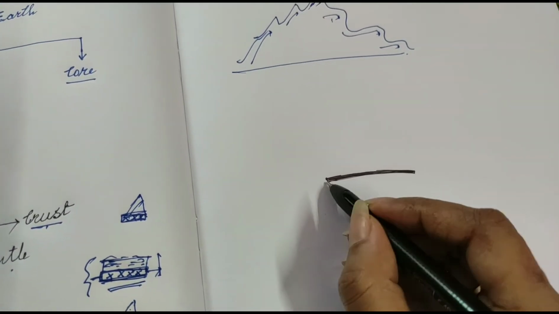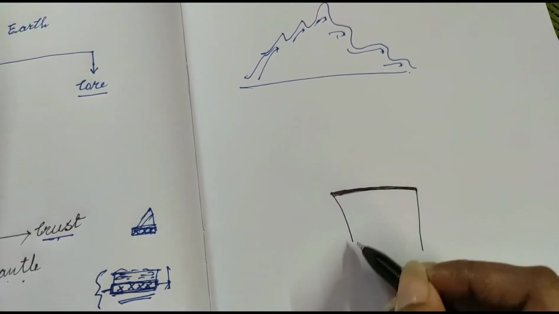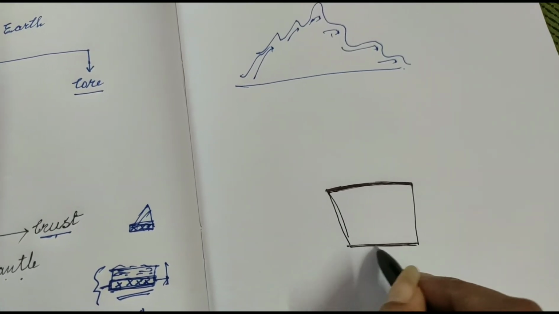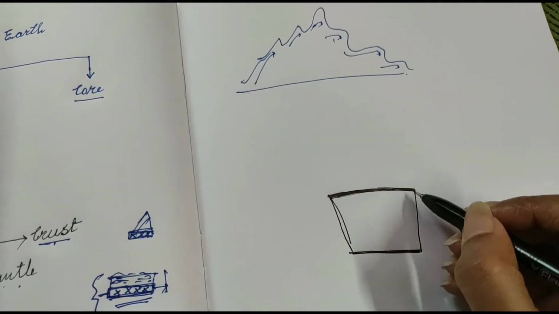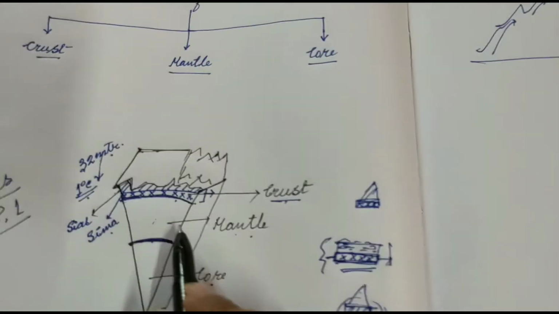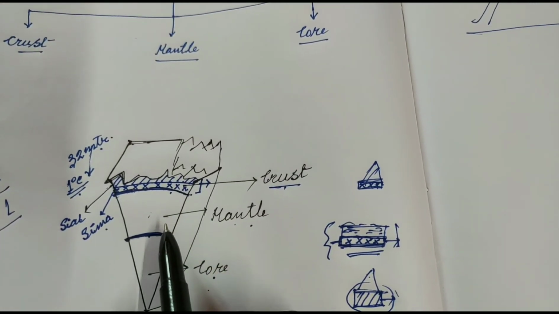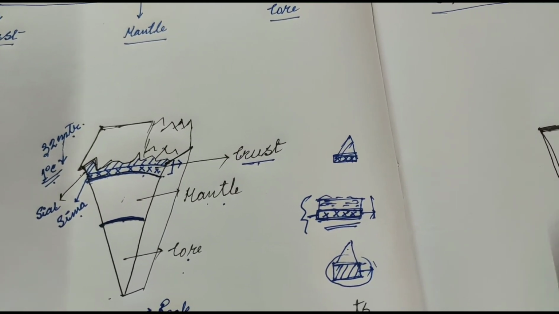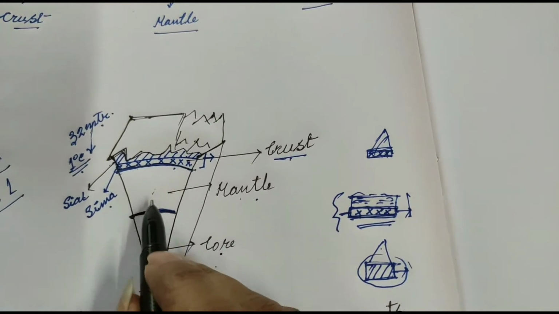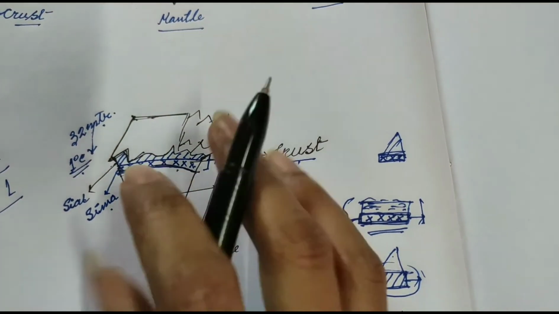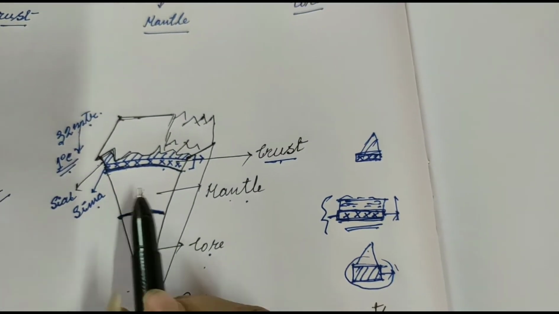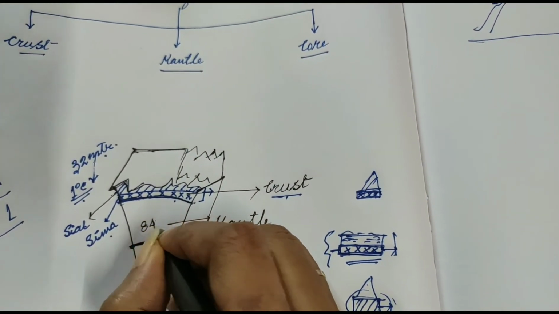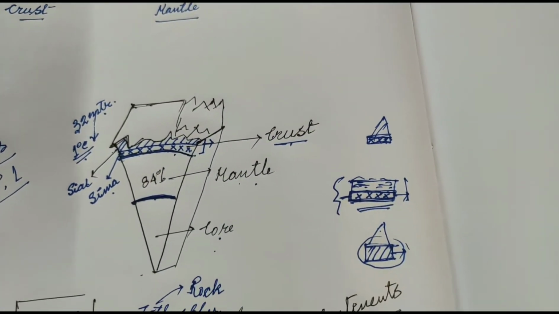That is another discontinuity. This discontinuity is between the crust and the mantle, and this discontinuity is between the core and the mantle. So mantle is the middle part of the earth structure. Mantle is the middle part of the earth. 84% is the mantle portion.